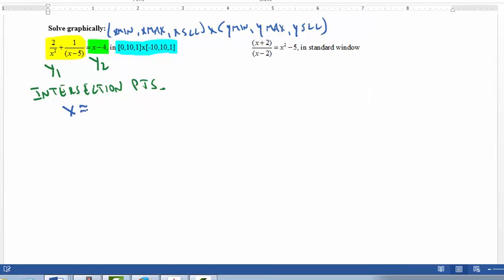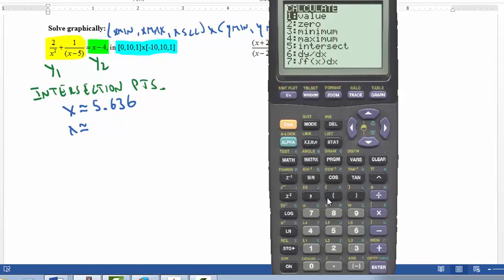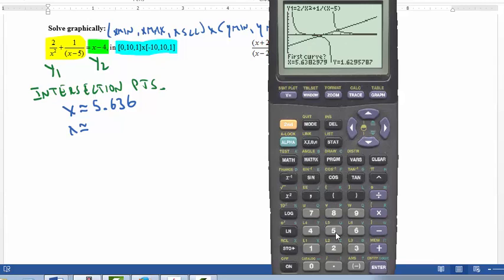So x is approximately 5.636. And then I do the same thing now with my other one. I again go second trace, number 5, and then y1, y2, and then now my guess is over here, which is 3.498.